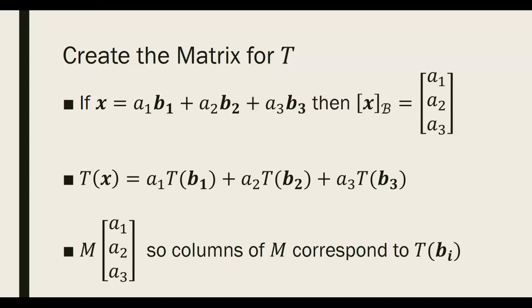Since my transformation is linear, if I apply this transformation to the vector x, I'm going to apply the transformation to the whole thing. Because it's linear, I can apply the transformation to each part, and I can factor out those coefficients, A1, A2, and A3.